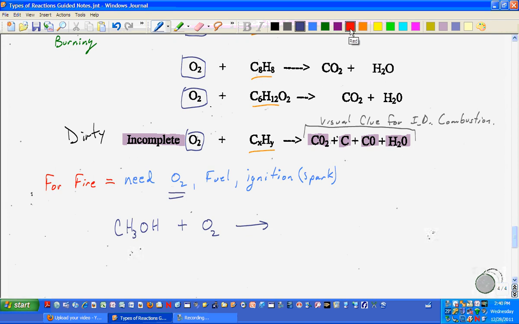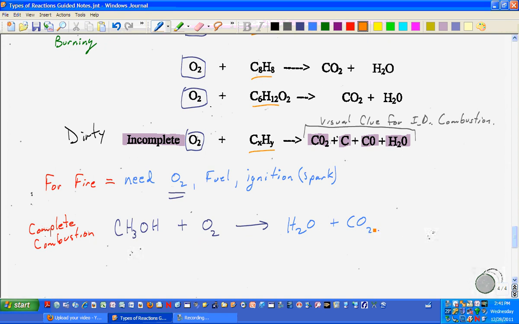Let's say this is complete combustion. This is pretty easy then because I know my products are going to be carbon dioxide and water. And I'm done, except for the balancing, of course. Let's go ahead and balance this up.